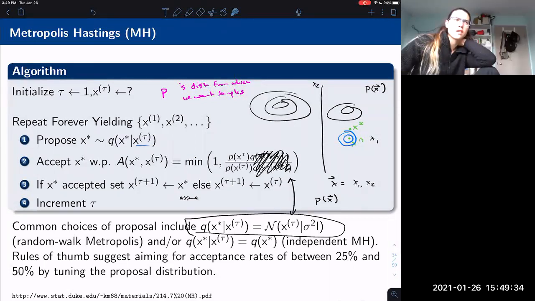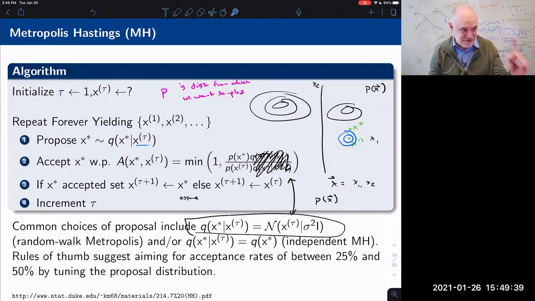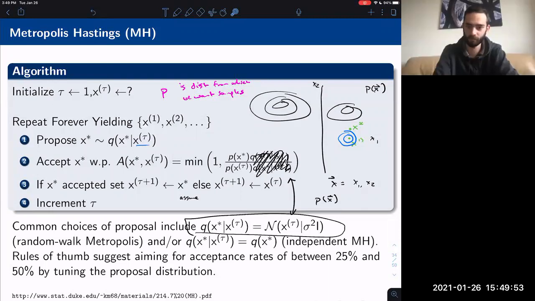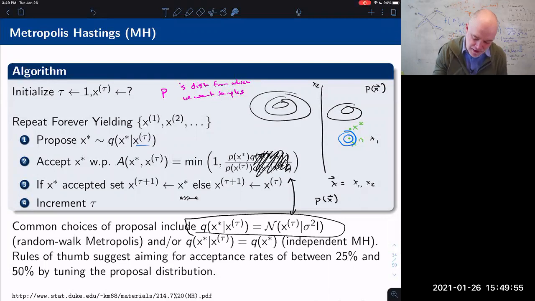It's x star if x star is accepted. So correct, but is this accepted? You can actually see it from the plot. Just look at the P distribution. So the P distribution is the black oval. So if you assume that this is a bimodal distribution, unfortunately, I see that one of the density contours went away. Fine. So with reasonable probability looking at this, x star is higher probability under P than x1 is.